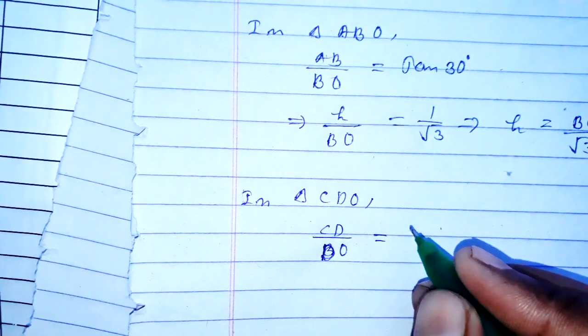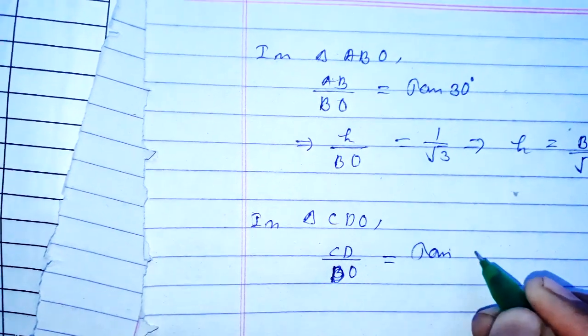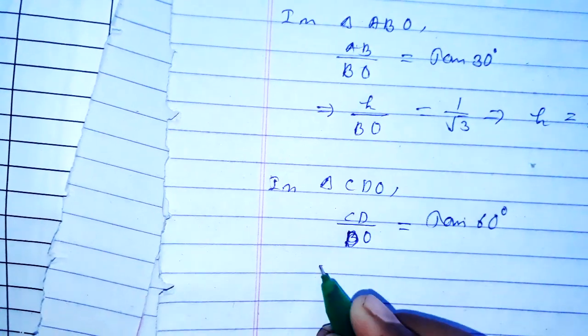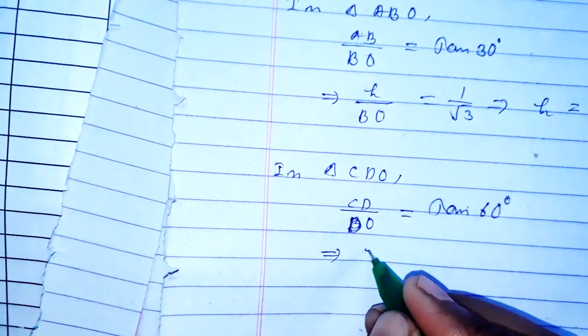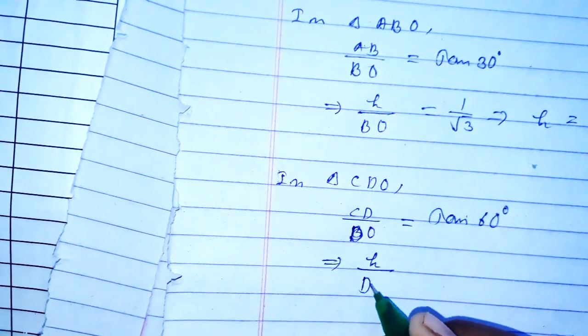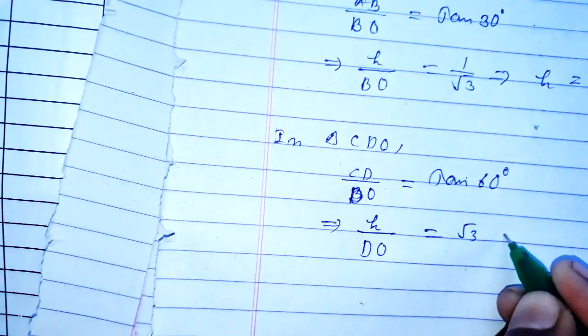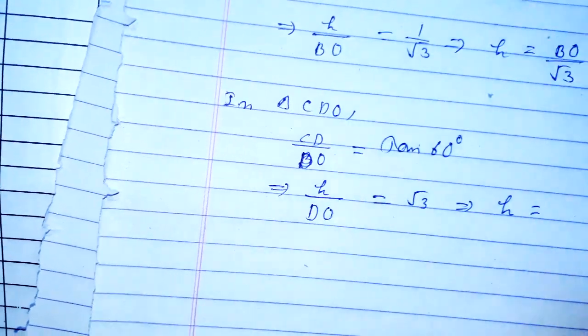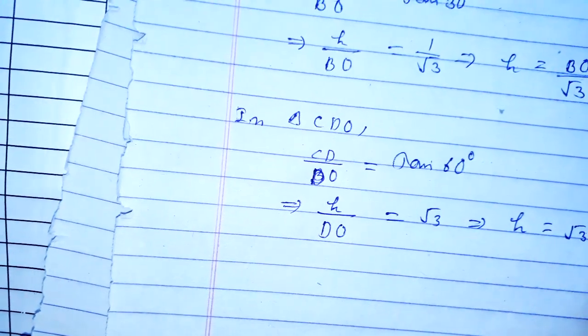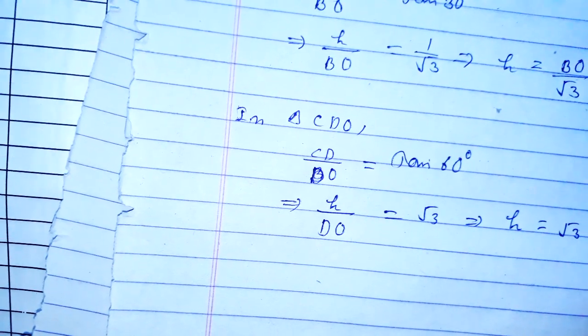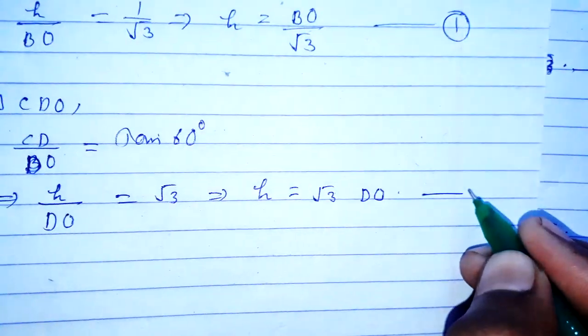This is tan 60 degree. Let CD be h. So h upon DO is equal to root 3. Which implies that h is equal to root 3 DO. This is the second equation.